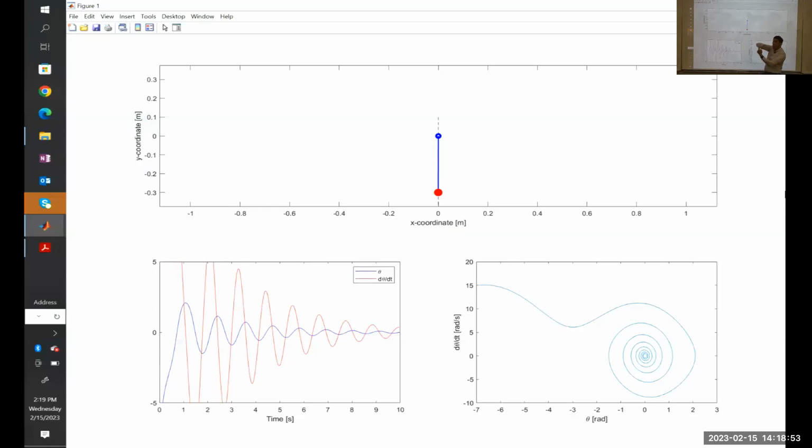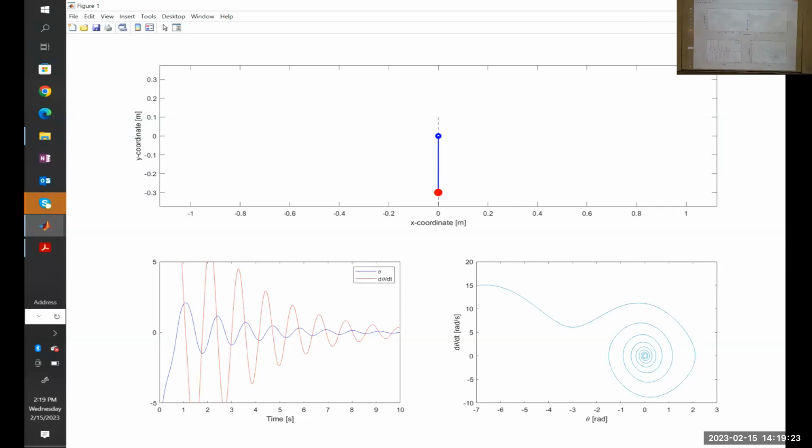So maybe the pendulum will go again and take another whole loop and continue in that fashion. And maybe after 3, 4 times, finally it will be trapped by the stable focus and be stable. But all that will depend on the type of pendulum you have. What is the mass? What is the length? And what are the initial conditions? So that's why you have the code. What I want you to do is to play with that.